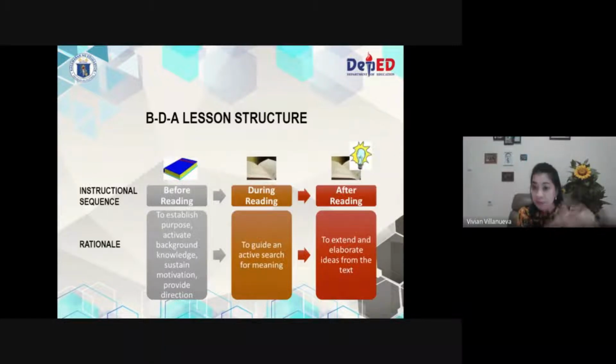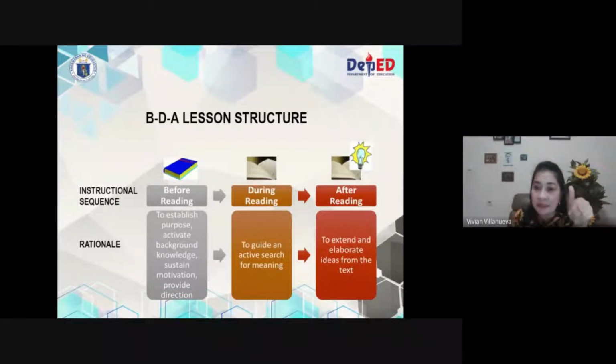During reading, we give some questions to make them think, to make them relate to the stories that we will be reading. And then after reading, of course, we extend and elaborate, give them some more information, some more reading, trying to synthesize everything with them. Have you used this?